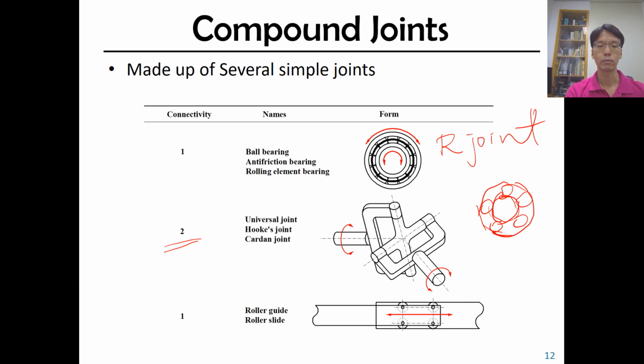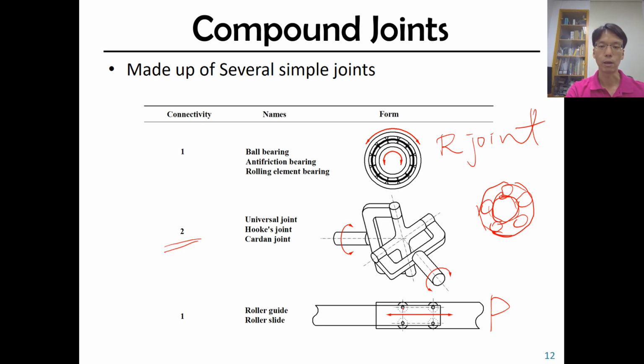And another example we've seen quite often is a roller guide or roller slider. The purpose of this one is to mimic a P-joint. But if you remember, the P-joint we mentioned in the lower pair joint is in surface contact.